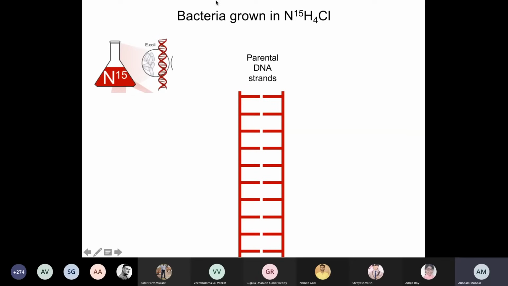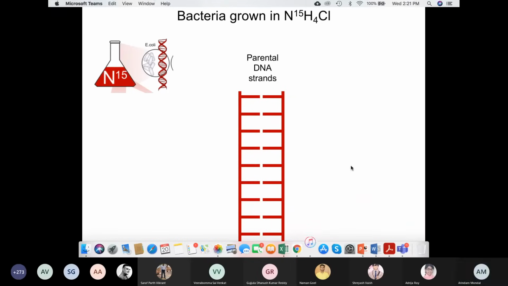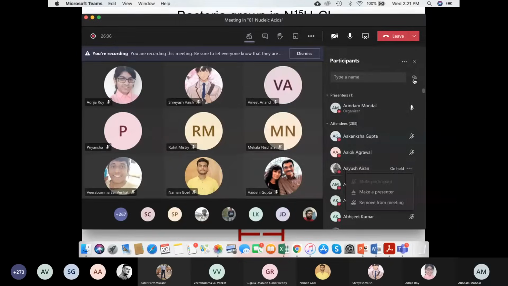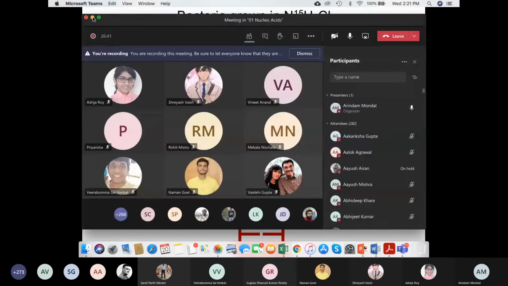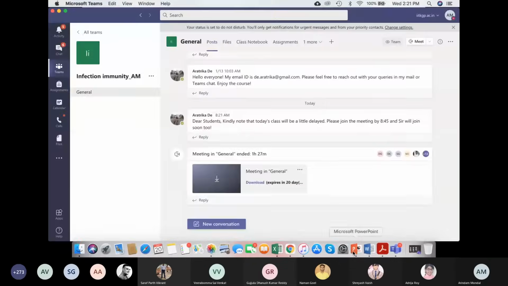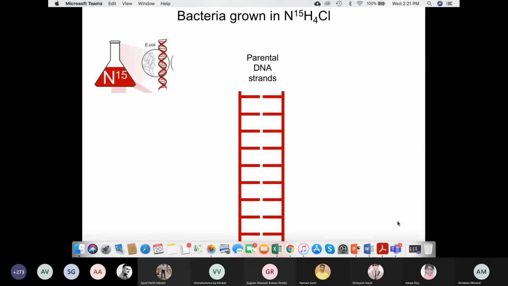Now, if you replicate, say for example, this is the parental DNA strand. During the DNA replication process, these are the double-stranded DNA, these are base pairs.